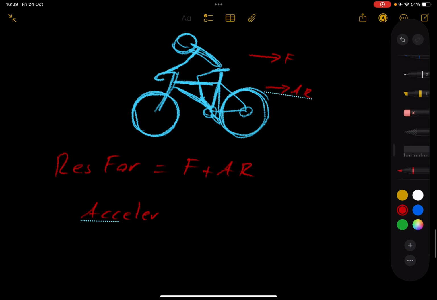Or you've got negative acceleration and he is slowing down. Accelerates backwards, which means slowing down in this case, a more usual way of saying it.